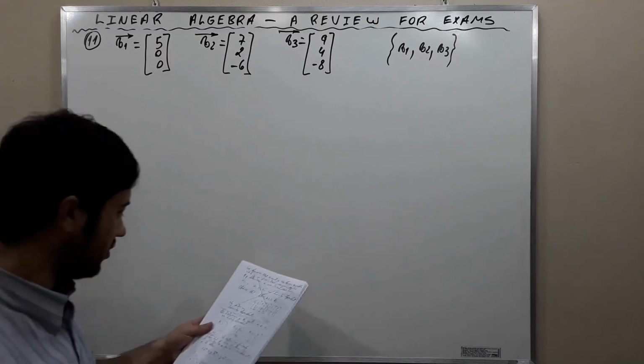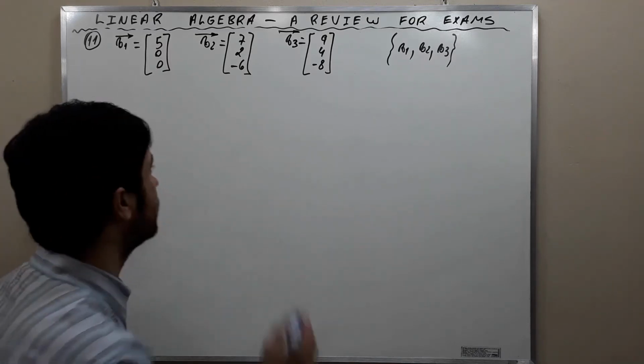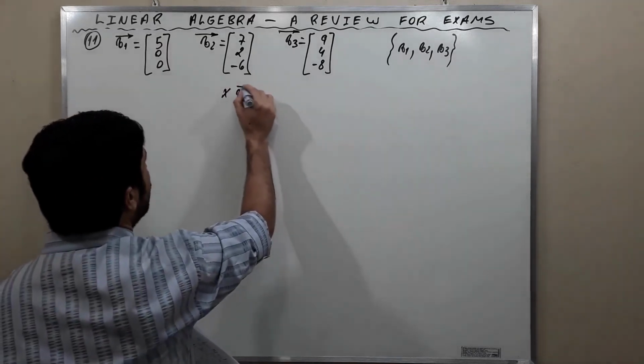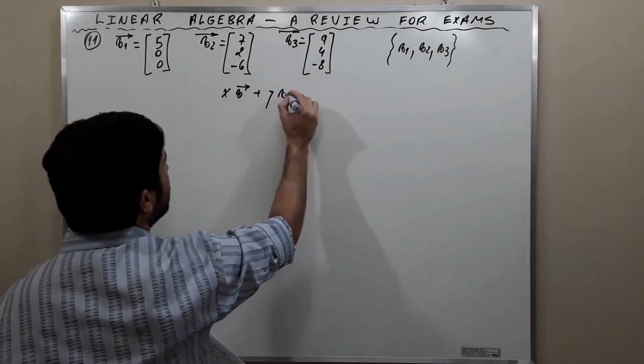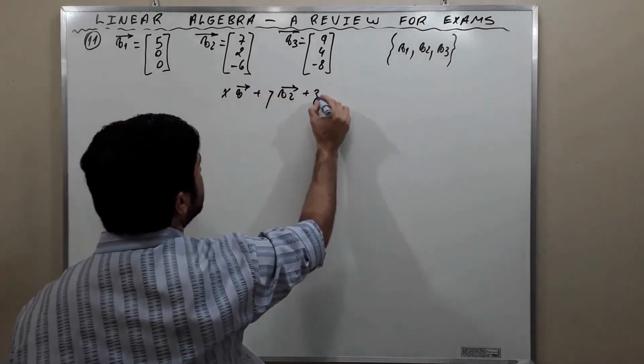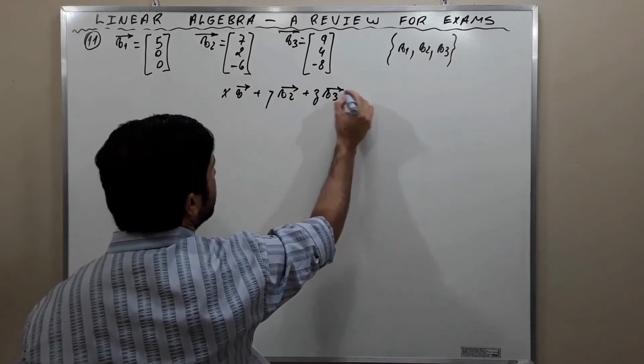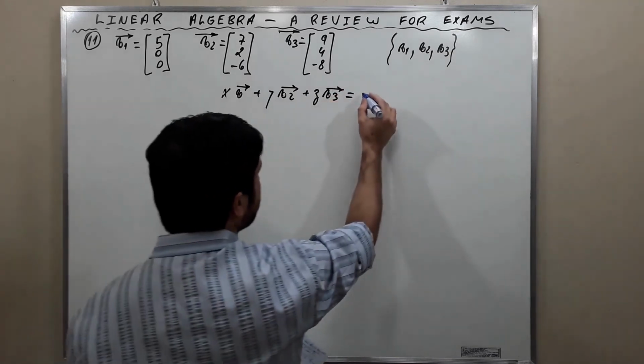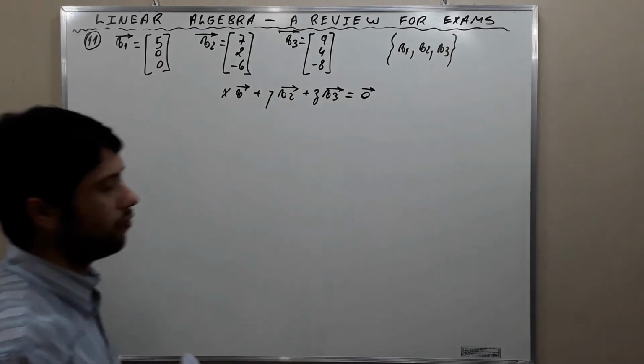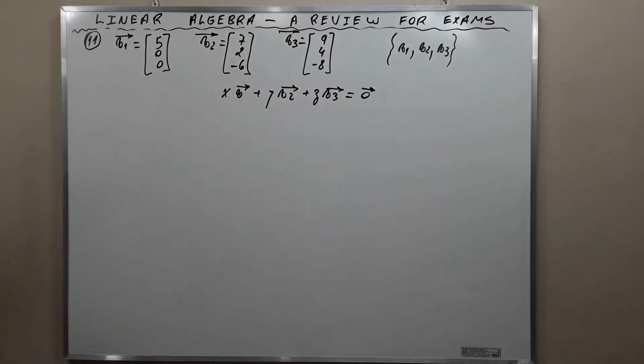Okay? So let's inspect this vector equation. x v1 plus y v2 plus z v3 equal to 0. Okay?